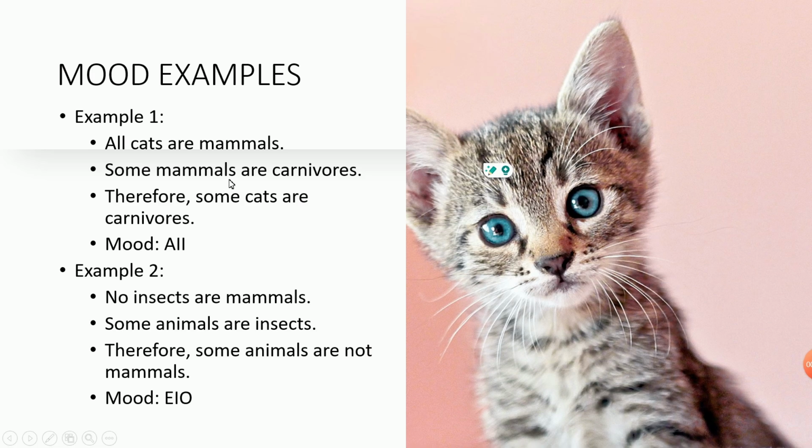I am repeating from yesterday's class: all cats are subject, are is a connecting verb, and mammals is the predicate. So one is a major, another is a minor, and another one is a middle term.